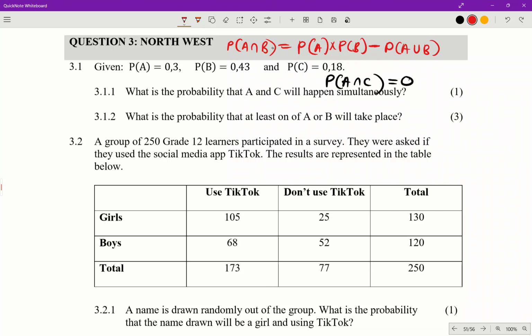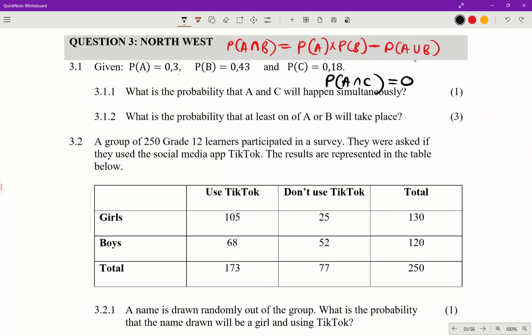The probability of A or B is equal to the probability of A plus the probability of B minus the probability of A and B. It's the same thing, guys, because you take this to the left, it becomes positive; you take this to the right, it becomes negative.